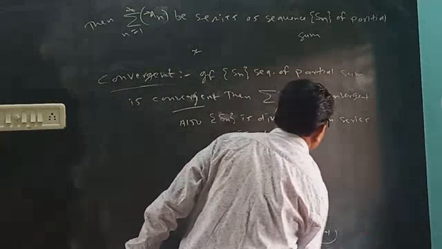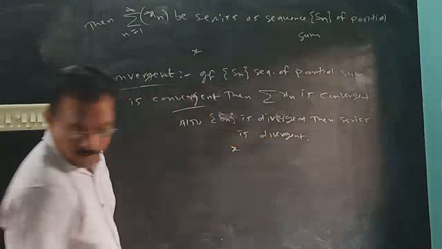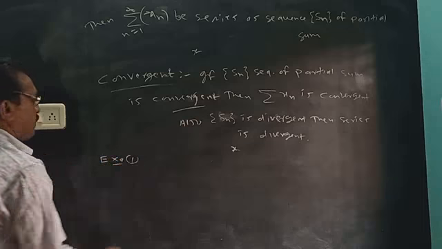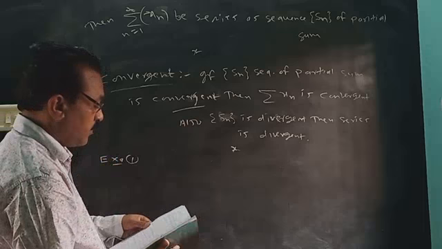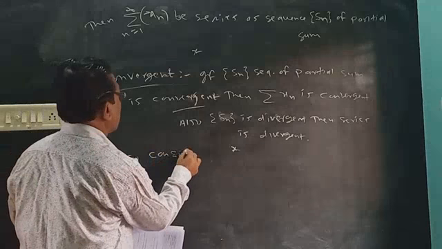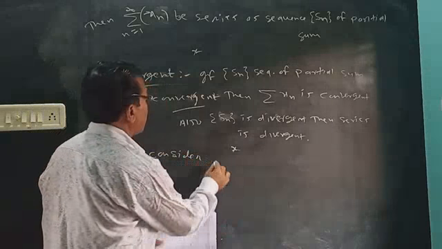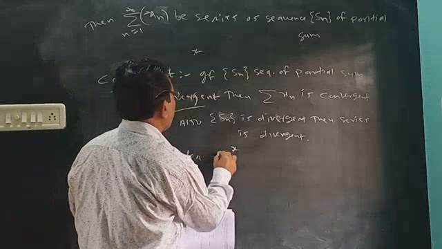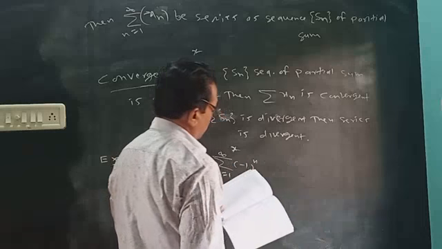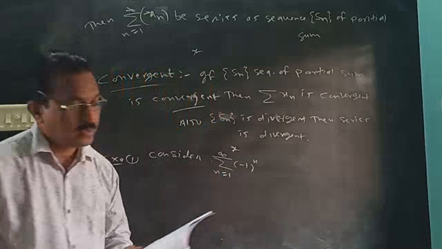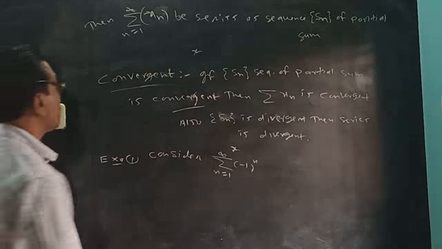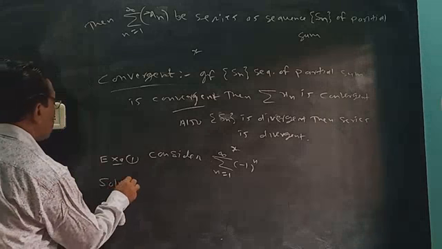See examples about convergent or divergent. This is a small example. Consider the series summation n running from 1 to infinity of minus 1 raised to power n. See whether this series is convergent or divergent.